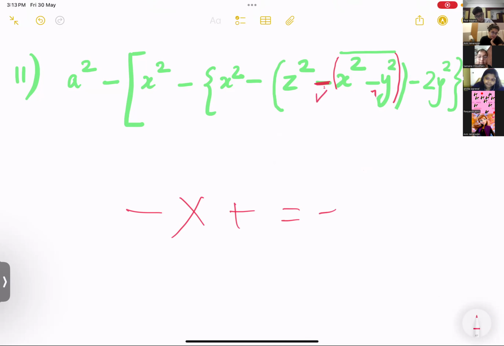Now this minus, when I open the bracket, x square is going to get minus x square. And now this minus, when multiplied by a minus y square, becomes a plus y square.